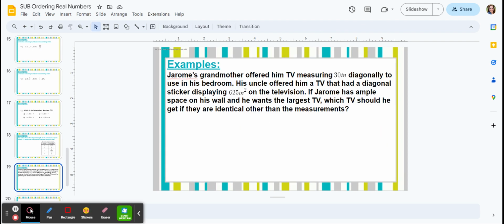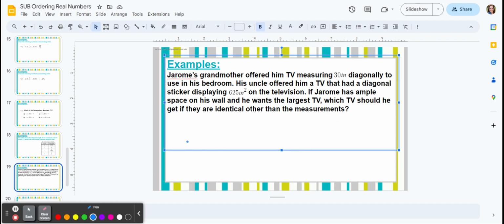Okay. Next one says Jerome's grandmother offered him a TV measuring 30 inches diagonally to use in his bedroom. So let's go ahead and mark that. Make a little picture of that. So this is 30. And then it says his uncle offered him a TV that has a diagonal sticker displaying 625 squared inches.